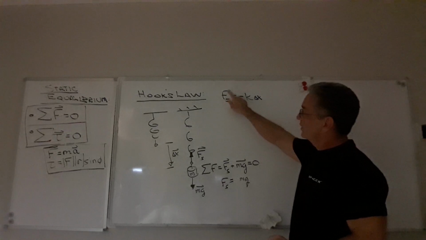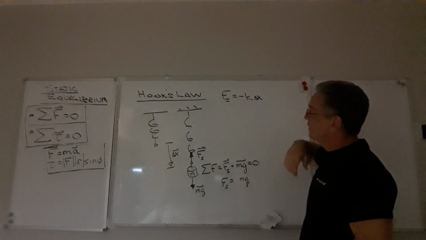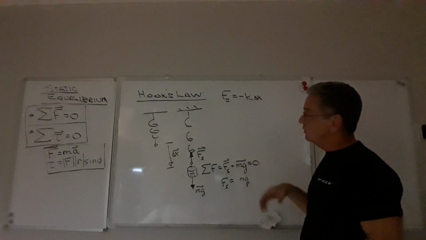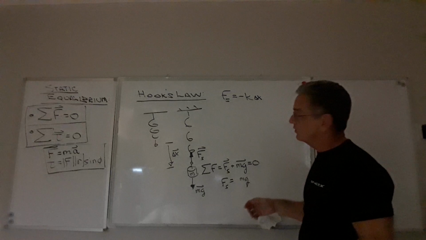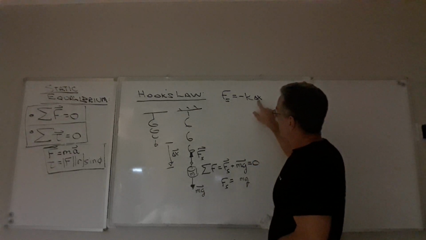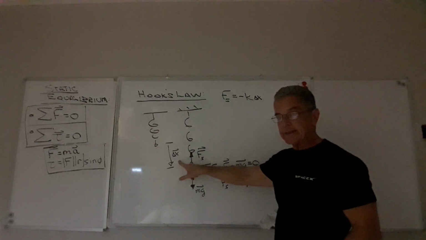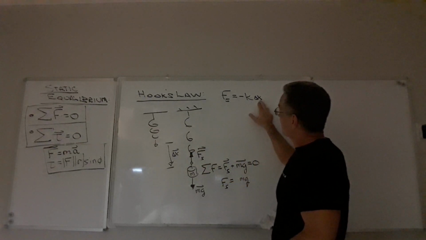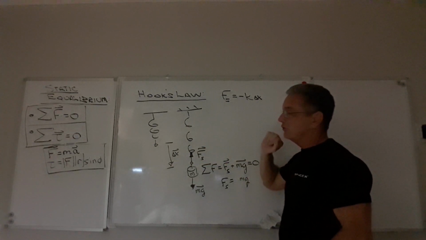This Fs, since I didn't draw an arrow over the top, we're just considering that to be the magnitude of this vector, just the size of the force, the number of newtons of force exerted, and delta x, that's a displacement from the natural length.